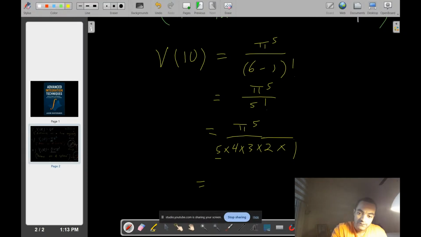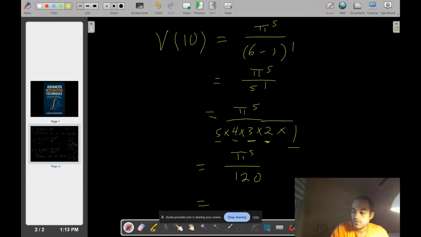So it's 5, then subtract 1, 4, then 3, then 2, and 1. Good. So you should get pi to the 5th power divided by 5 by 4, that's 20. 20 times 3, that's 60. 60 by 2, 120. So far, we have a ratio of pi to the 5th power divided by 120.